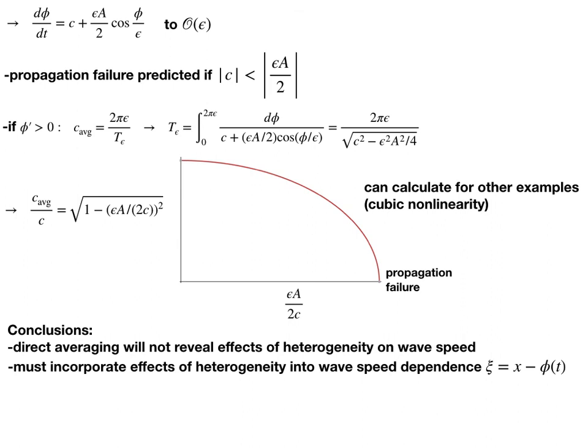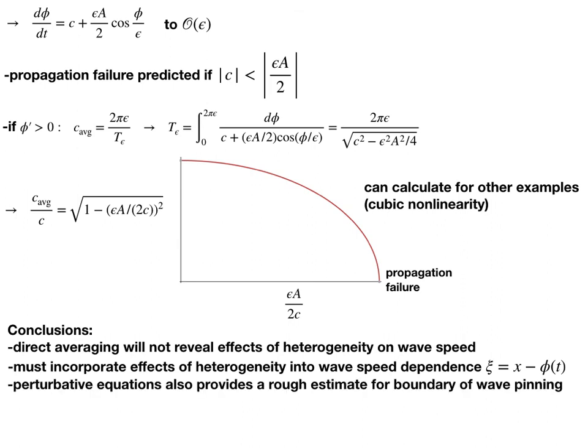We expressed the traveling wave coordinate in terms of this non-trivial function phi of t, which we solved for using the order epsilon hierarchy and the Fredholm alternative. Our perturbative equations give us this nice rough estimate for wave pinning, as well as how much increasing the amplitude or the micro scale of the heterogeneity will slow down the wave. And typically it's always going to slow down the wave in this case.